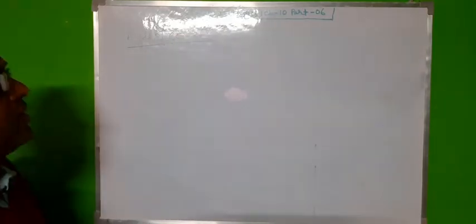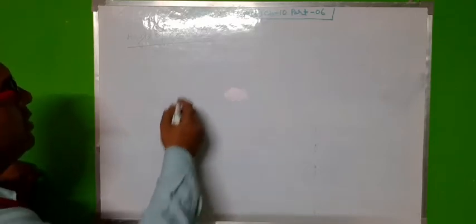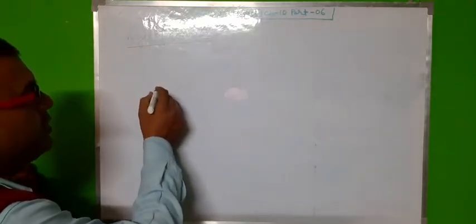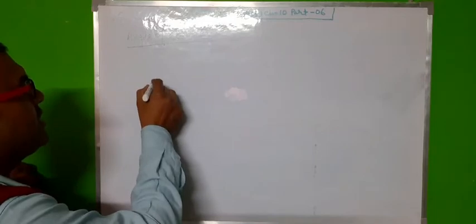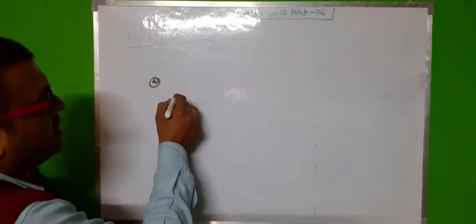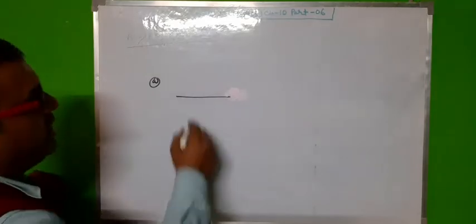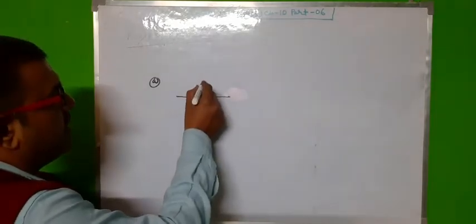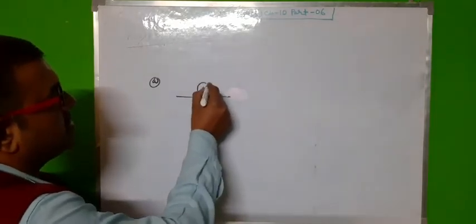While discussing the angle of contact, I want to say that suppose there is a liquid drop, and there are two cases I am taking. The first case is that there is a surface, and on that surface a liquid drop is placed like this.